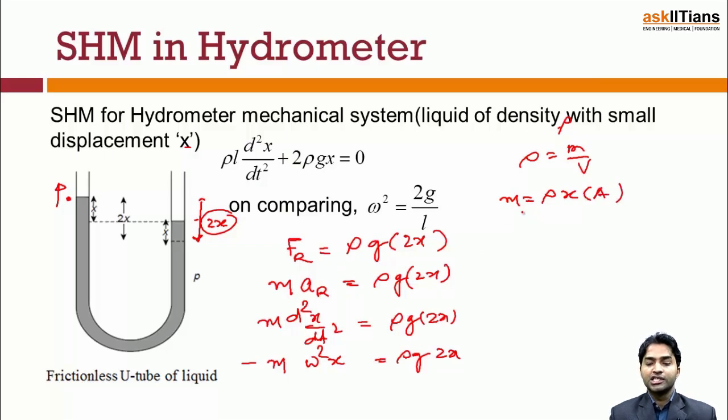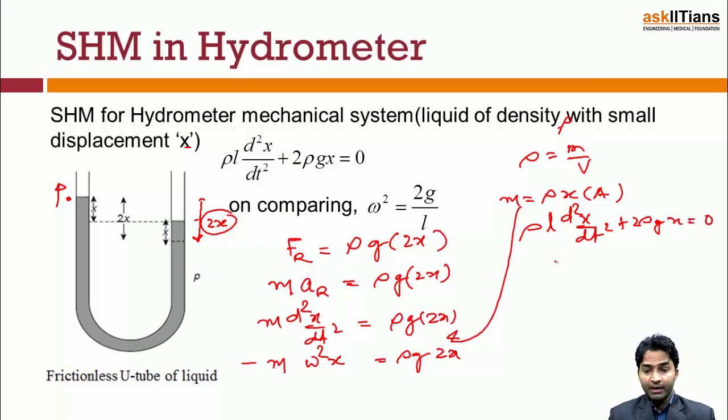So on substituting this value over here, we will get the final relation as rho into L into d2x upon dt square plus twice of rho g x is equal to 0. On comparing this equation with omega square into x is equal to force of restoring, finally we get omega square is equal to 2g by L.